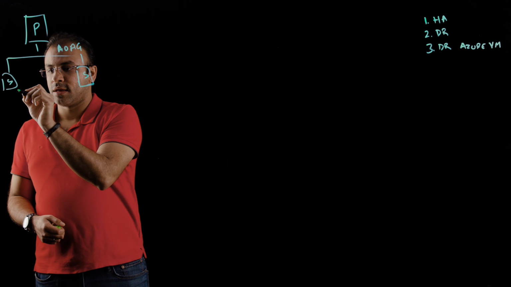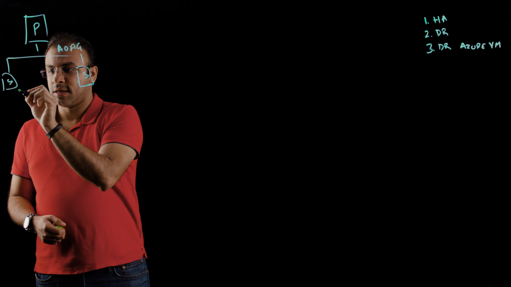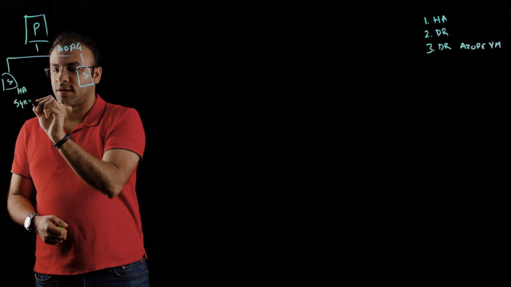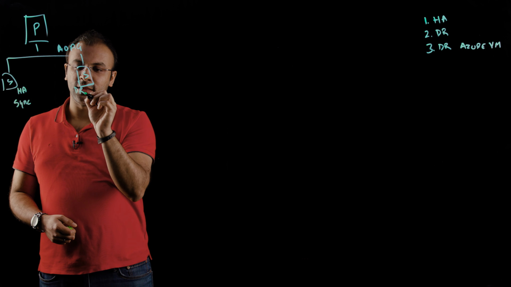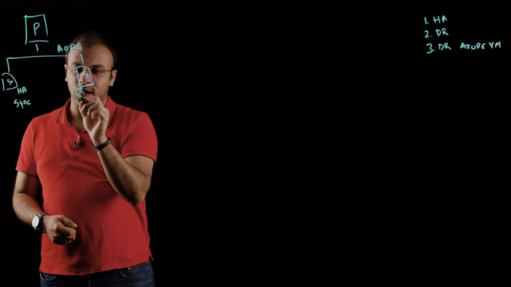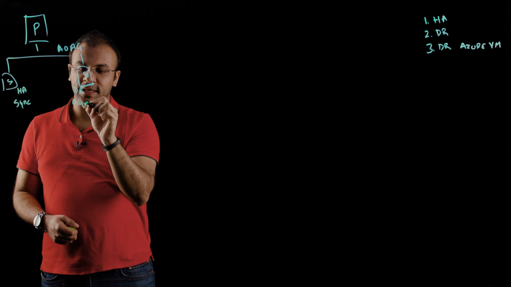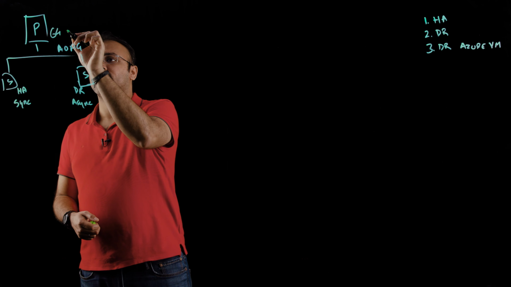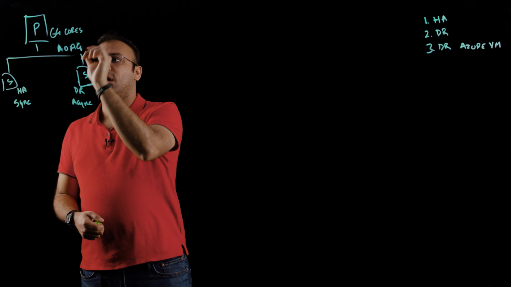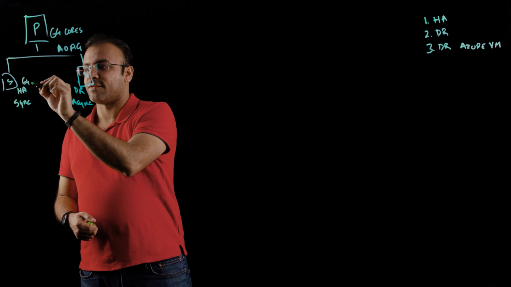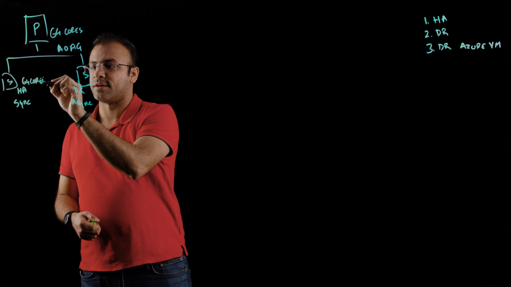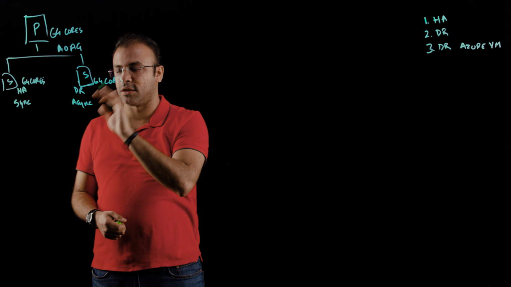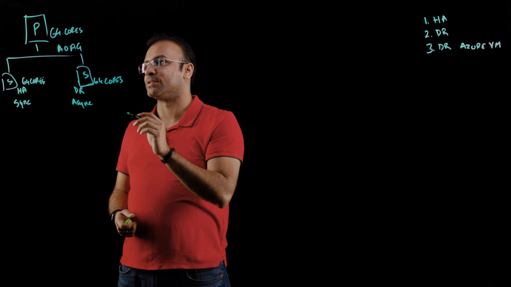If you're in the same data center, one secondary would be a high availability replica, typically a sync replica, and the other is a DR replica, which will be an async replica. For simplicity's sake, you have 64 cores on the physical machine, another 64 cores on a secondary, and another 64 cores on the other secondary as well. All of them are the same, so this makes the calculations a lot easier.